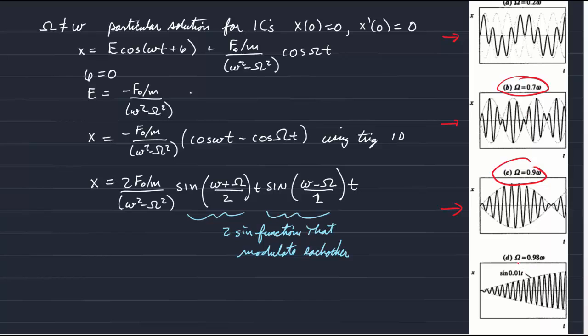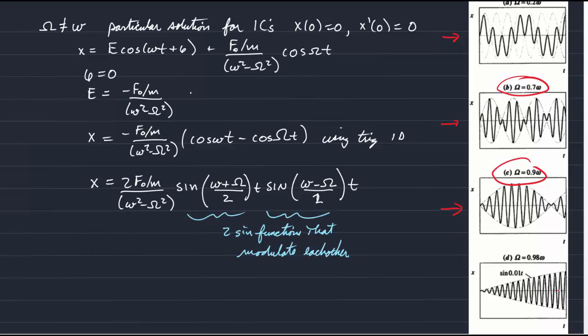Certainly when the driving frequency gets very, very close to the natural frequency, you get a behavior that acts like resonance again, with the shorter period oscillation's amplitude growing and growing to very large amplitude.